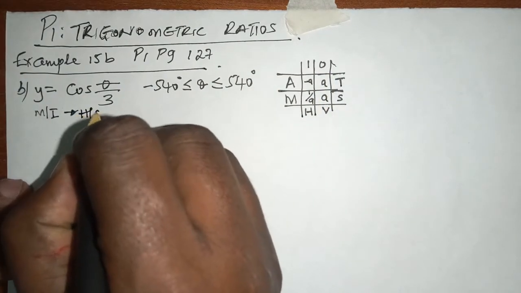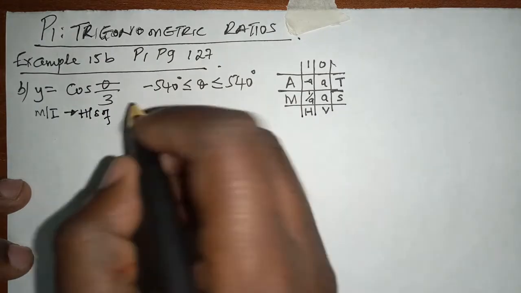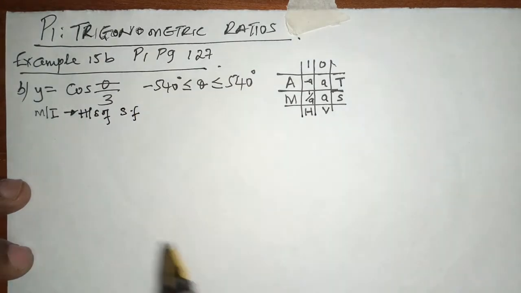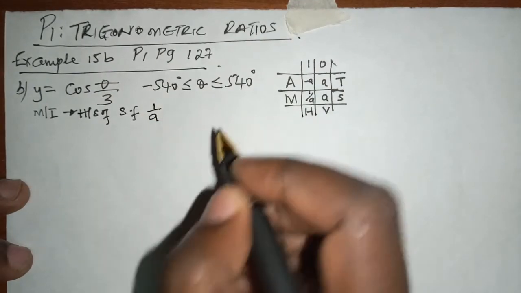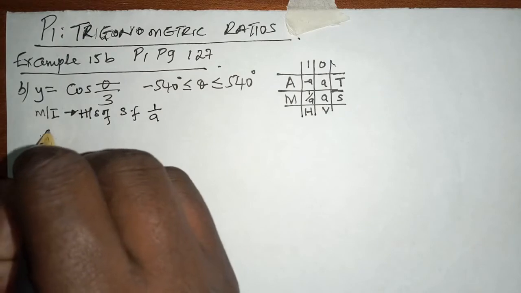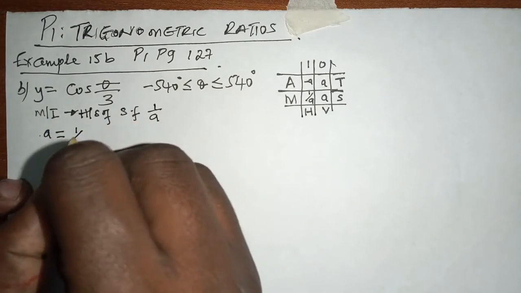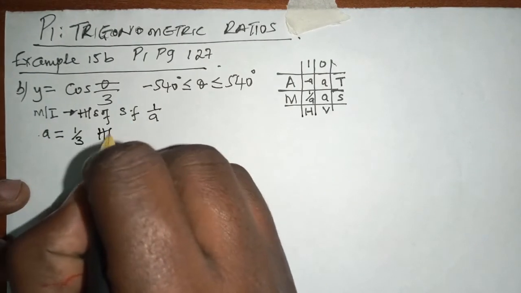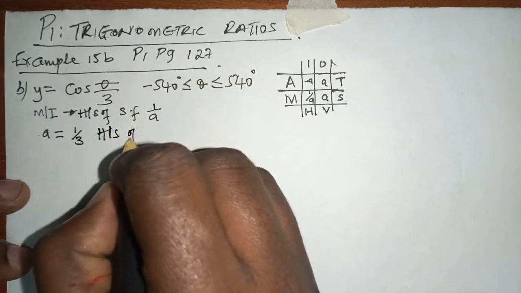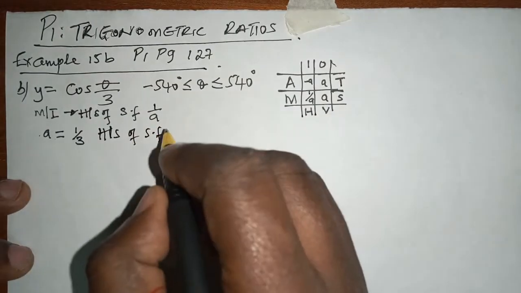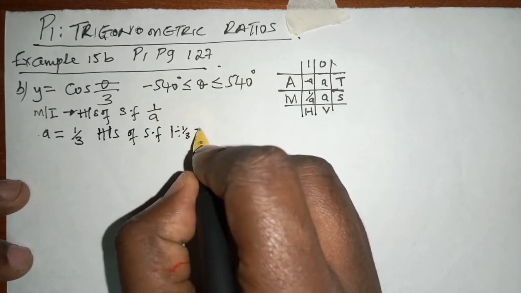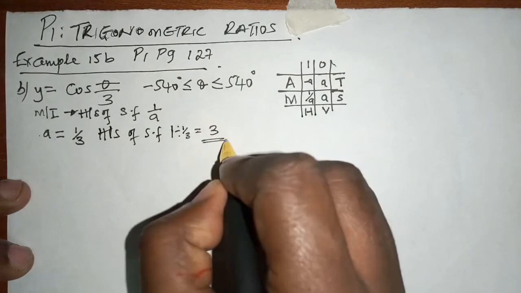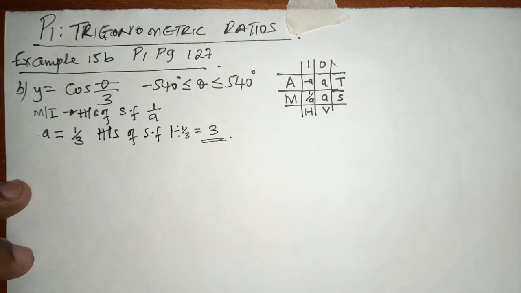So this is a horizontal stretch of scale factor 1 over A. Our A in this case happens to be a third, so it is a horizontal stretch of scale factor 1 divided by a third, which is easily 3.